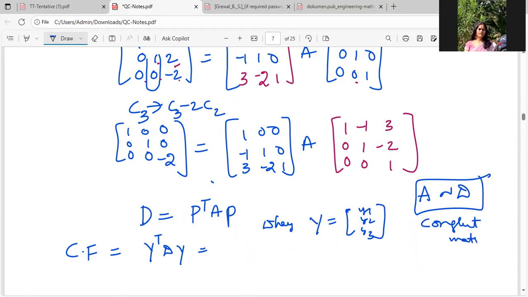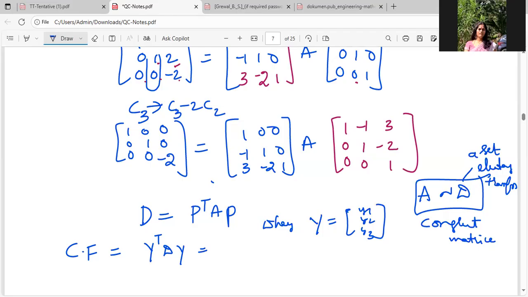Why? Because D is obtained after a set of elementary transformations on A. A and D are not equal, but if I reverse all the operations, I can get back A as well. They are not equal, but they are congruent. So this transformation is also called congruent transformation.